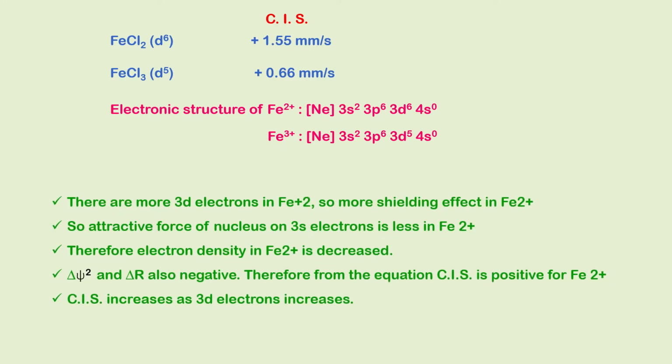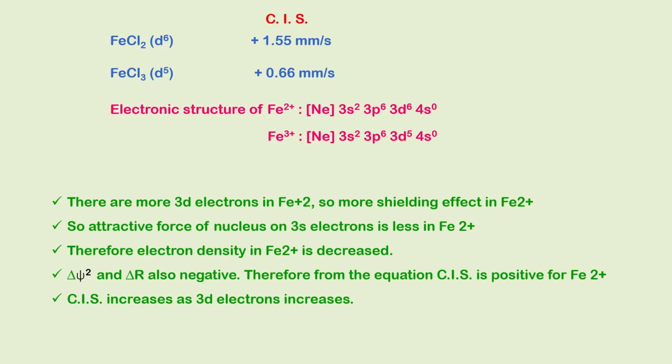There are more 3d electrons in Fe plus 2, that is d6, so more shielding effect in Fe plus 2. So the attractive force of the nucleus on 3s electrons is less in Fe plus 2. Therefore, electron density in Fe plus 2 is decreased, meaning the value of delta psi square is negative.